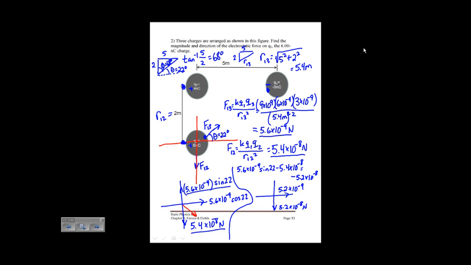Now, again, I see that my resultant vector is going to be here. I want to know the magnitude of that vector, and then I want to know the angle. Let's call the angle, I don't know, gamma. To find the magnitude of the net force, I say that it's the square root of 5.2 times 10 to the minus 9 squared plus 5.2 times 10 to the minus 8 squared.